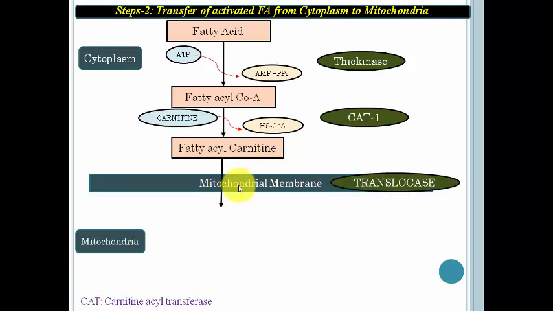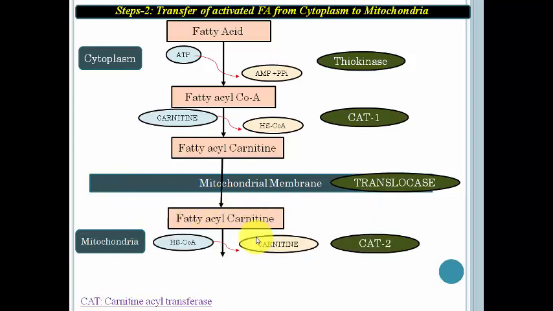It will cross the mitochondrial membrane with the help of the enzyme present within the mitochondrial membrane, that is translocase. Now the fatty acyl carnitine is inside the mitochondria, and it is reconverted to fatty acyl CoA.